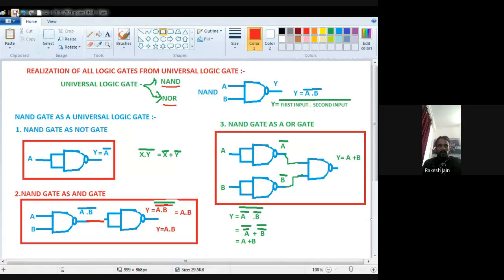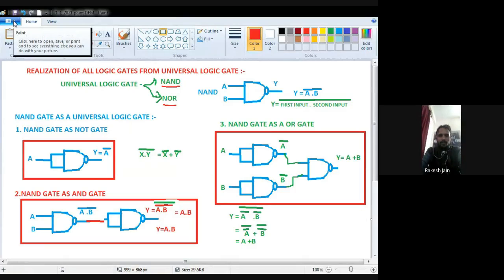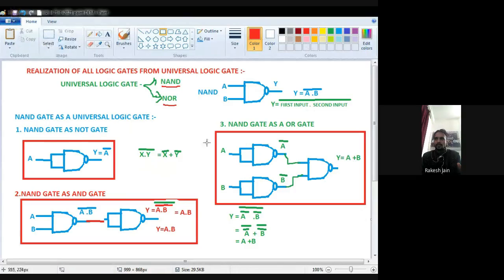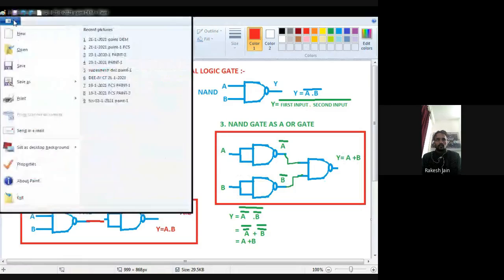Okay, so I just save this file and I open a new file in which you will see how a NAND gate will be converted into the remaining gates. So 3 gates have already been completed. Now I just copy this one because it will be in our use at that time. Now see, a new page. Kindly wait.